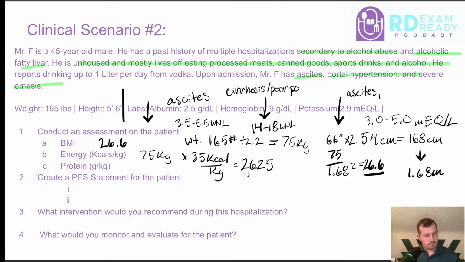For his protein, I'm going to pick 1.5 grams per kilogram. So you would take your 75 times that, and you would end up with your total in that case. So if you took 75 times 1.5, I got 112.5 grams of protein per day.